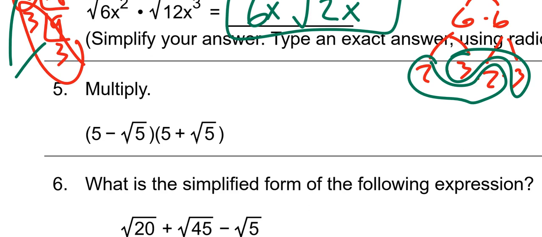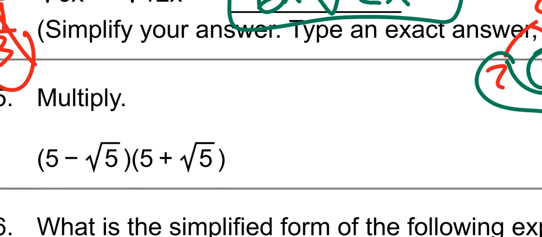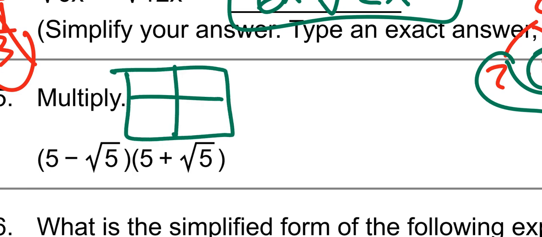What did you get? 20 is correct. Now, which way would you like me to do it? Would you like me to do it the box? Okay. I'll just do it on top because there's more space.